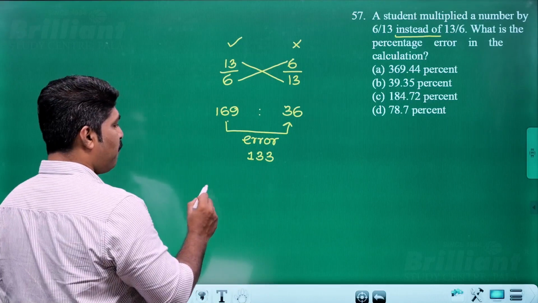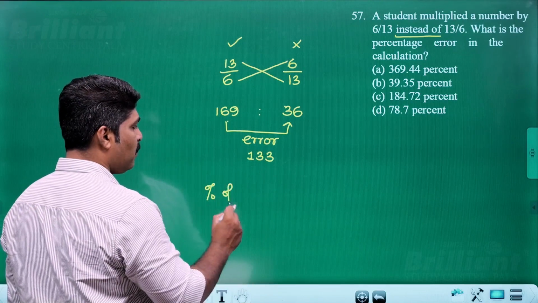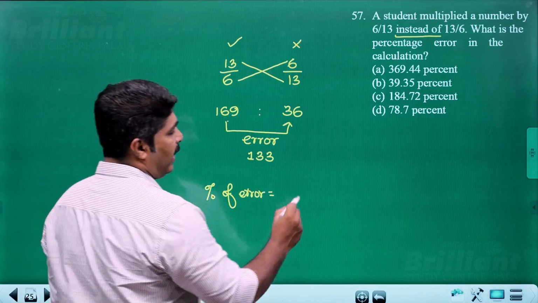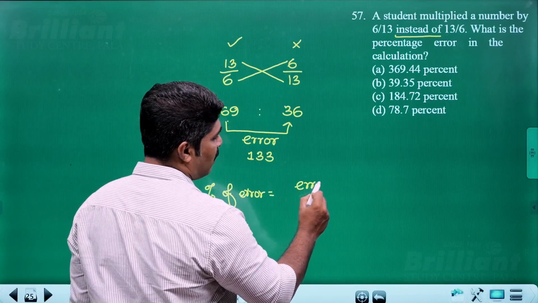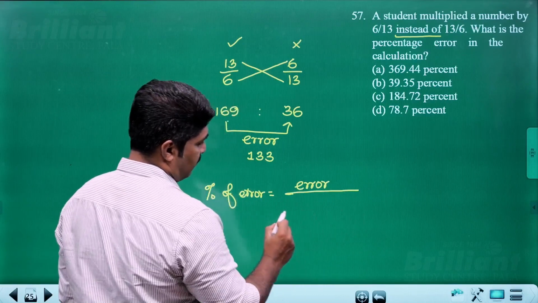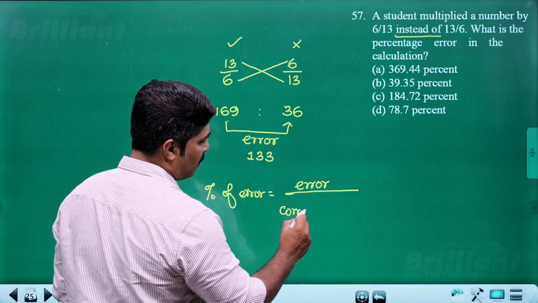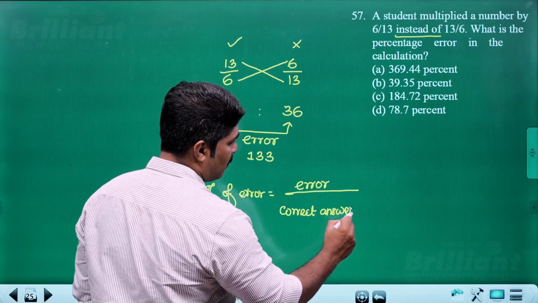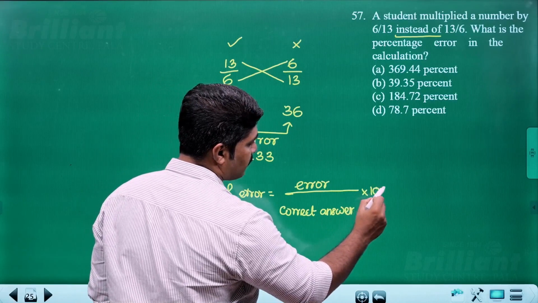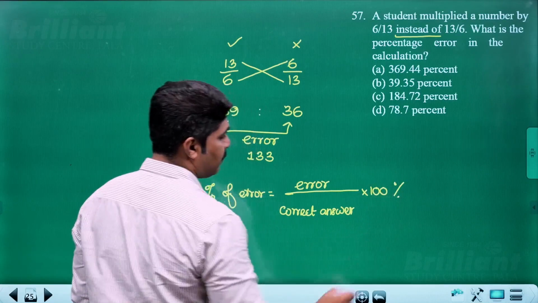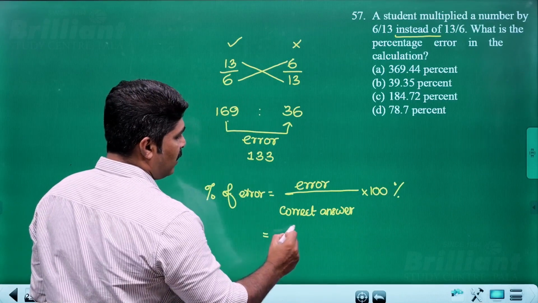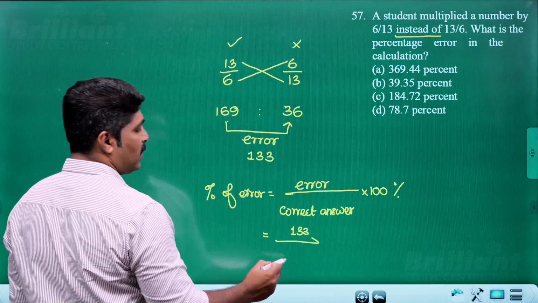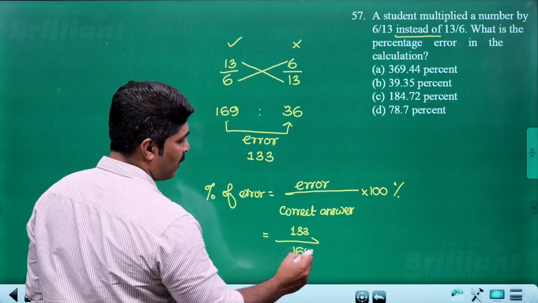So then how to find the percentage of error? Understand? This error percentage is nothing but error divided by correct answer into 100, that much percentage. So here error is 133 and this correct answer is 169.